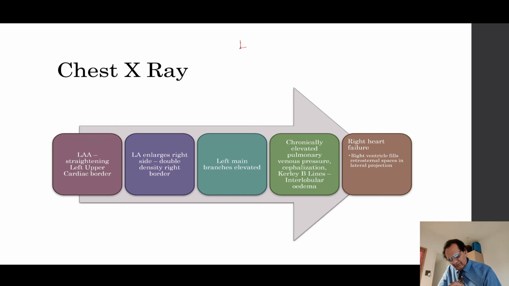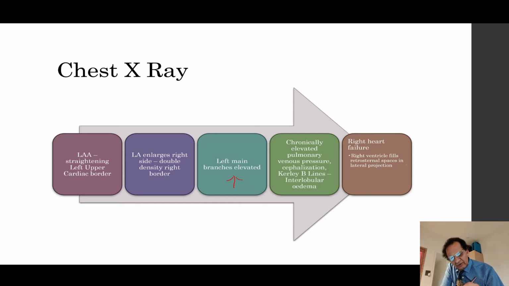Left main bronchus may be elevated. This is also a sign which is akin to the Ortner sign. Chronically elevated pulmonary venous pressure causes cephalization, Kerley B lines, like the interlobar edemas.